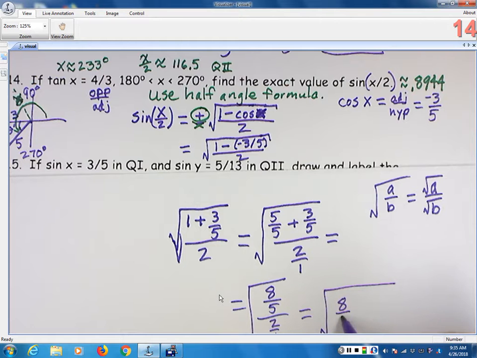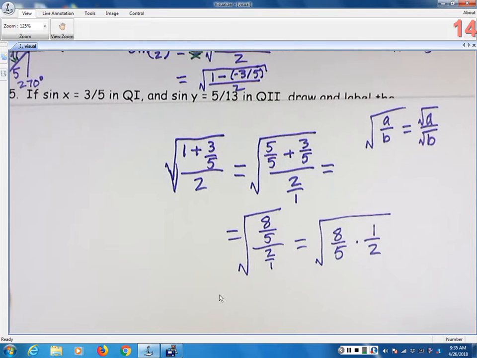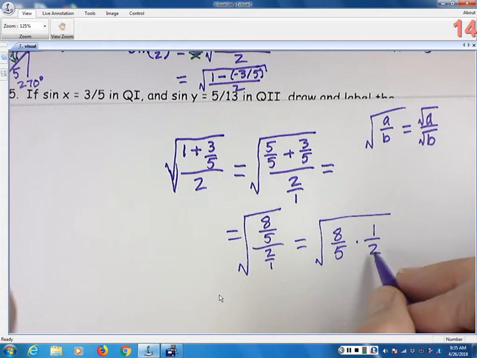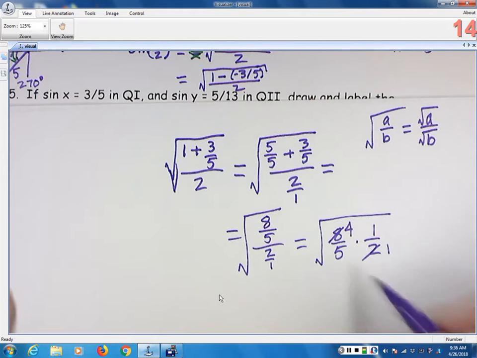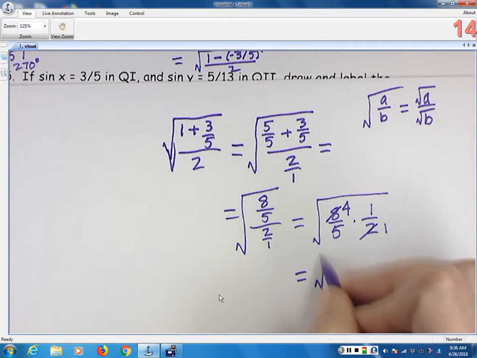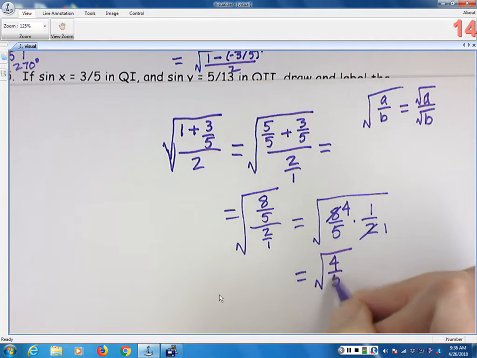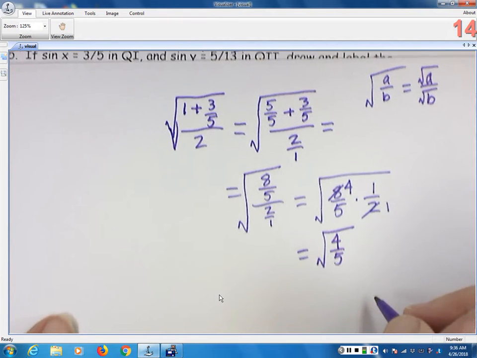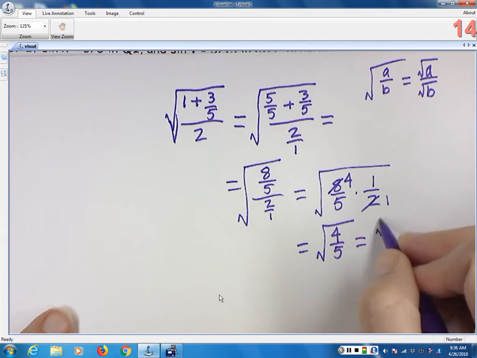So 8/5 times 1/2, you flip it and multiply, and that's 1 divided by 2. You do not need a common denominator to multiply fractions. So you take 4 times 1, so it's going to be the square root of 4/5. And that's the work to simplify it, and you're going to separate it.